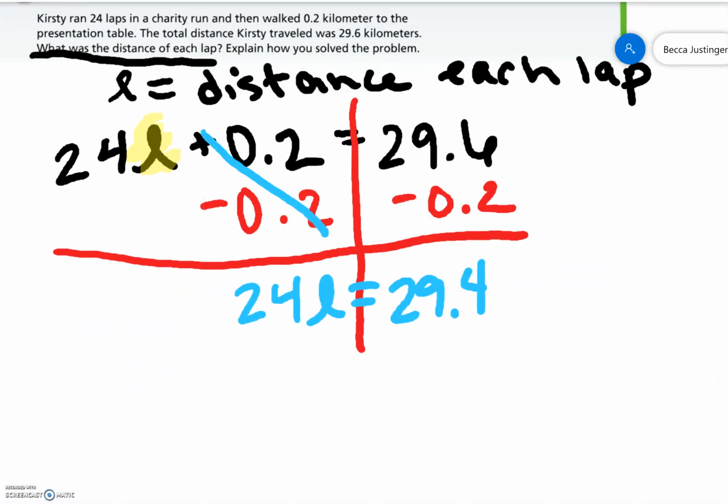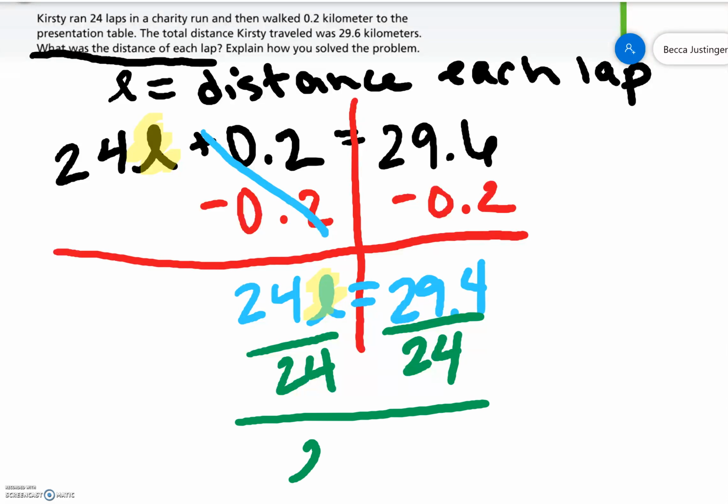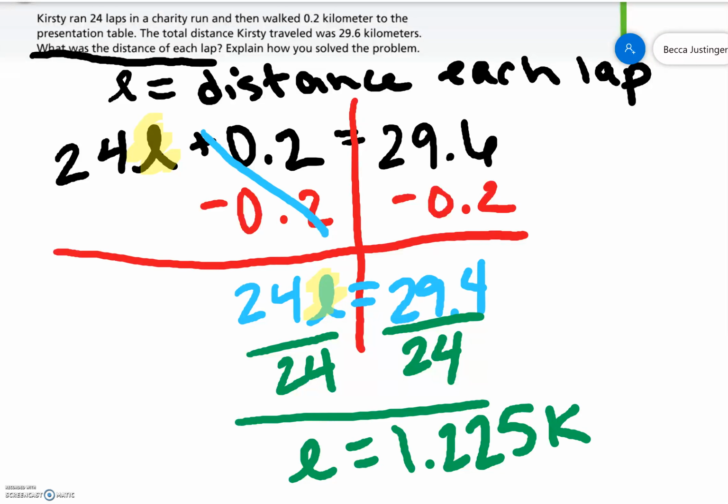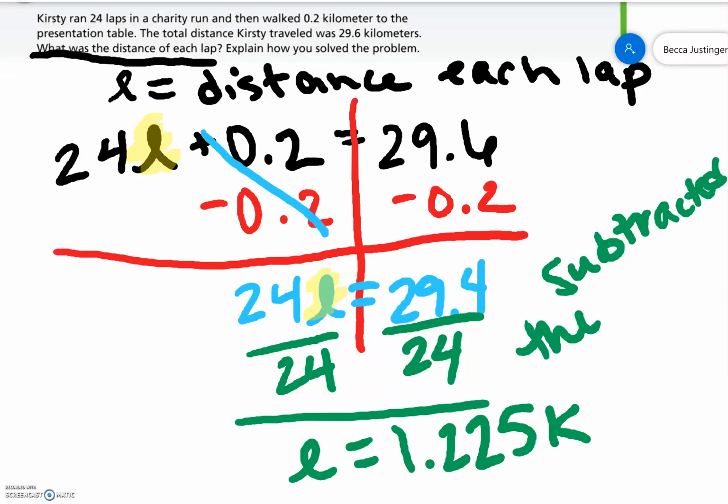Then, still trying to solve for L, L is being multiplied by 24, so we're going to divide by 24, which gives us L equals, get out my calculator, 29.4 divided by 24 equals 1.225 kilometers. So explain how we solved the problem. We subtracted, then divided. And there's our 2 steps.